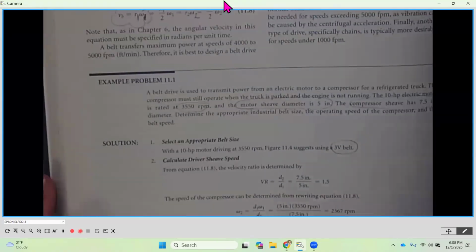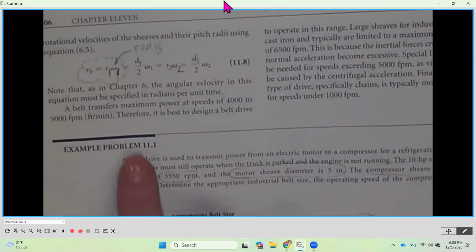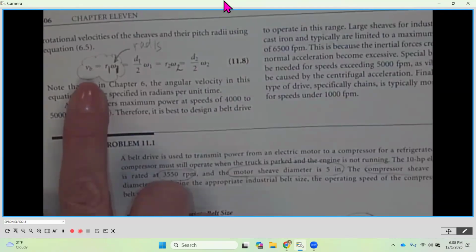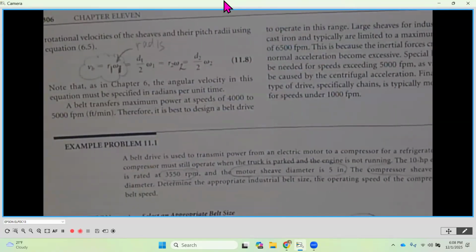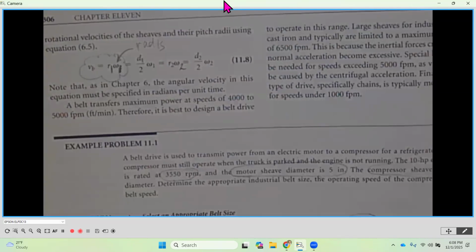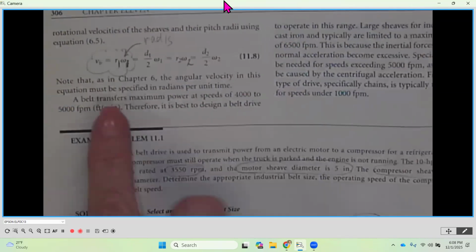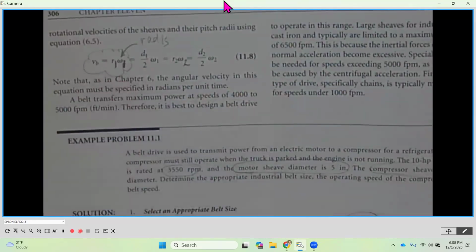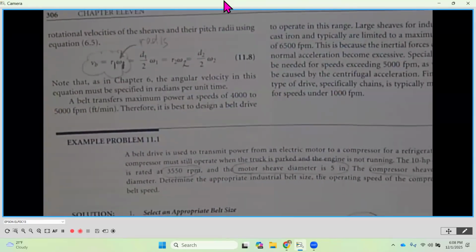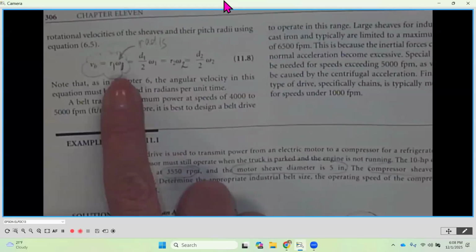The other quantity that comes in handy, and that will sound familiar to us, is belt speed. Belt speed is the straight line velocity component as that sheave is rotating around, at the edge where the belt actually lies on our sheave. We calculate that using the radius times the angular velocity, or the rotational speed, of that sheave.